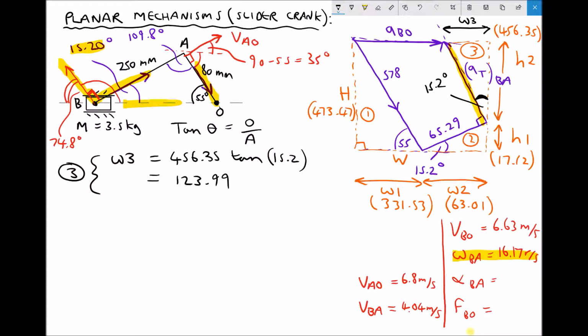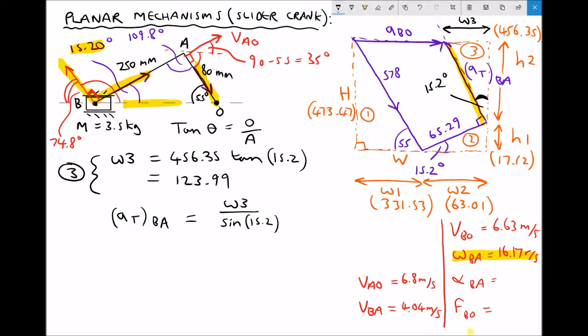Now, the other thing that we said we could find was the tangential acceleration of B relative to A. And that's represented by the hypotenuse on our triangle. So we can either use sine or cos here. Let's use sine. We know sine theta equals opposite over hypotenuse. Therefore, hypotenuse equals opposite over sine theta. Well, opposite is W3, and sine theta is sine of the 15.2.